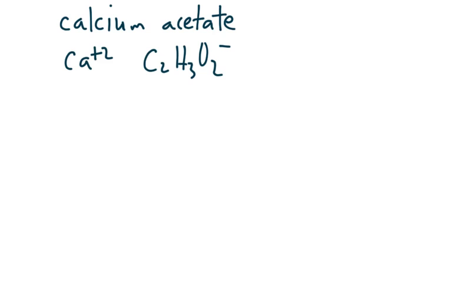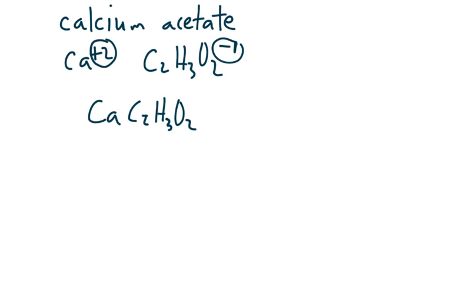So when we crisscross these to get the formula of the ionic compound, the 1 from the acetate goes to the calcium, and to show that the acetate gets the 2 from the calcium, you put it inside parentheses, just like this, and then you put the 2 out here.